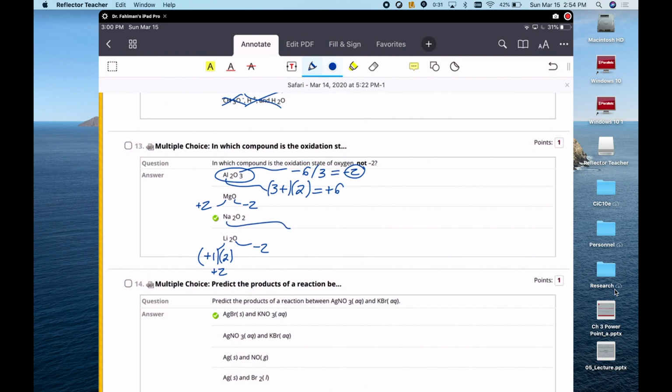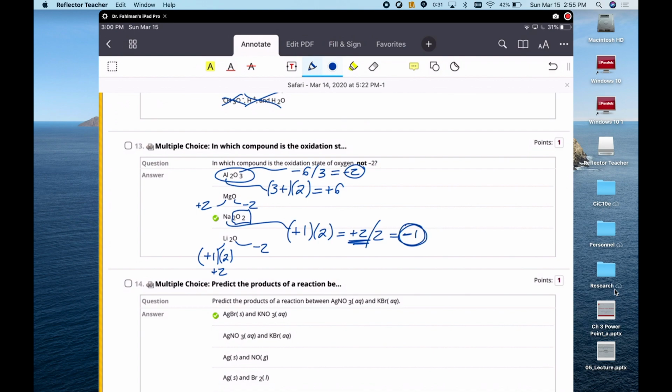For this one, though, sodium has to be +1. If there are 2, then the whole left side of the compound is +2. But we have 2 oxygens, so each of the oxygens then has to be -1.